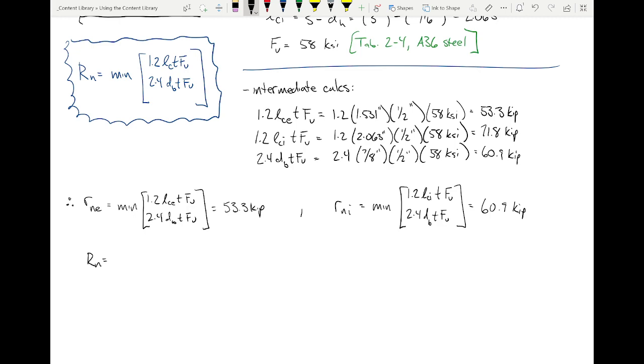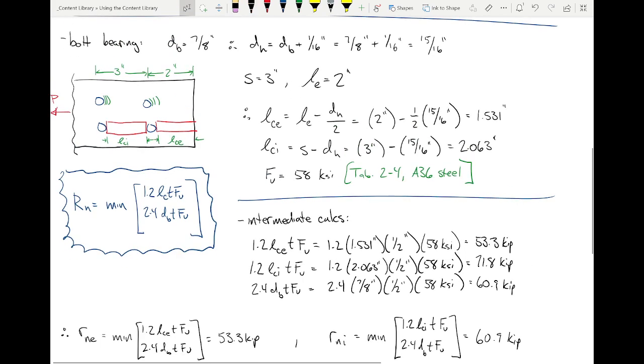Hold on. Here's our plate, our single plate. How many of these are edge bolts and how many of these are interior bolts? Now what you're saying is that for the other plate, those interior bolts serve as edge bolts. But we're looking at it one plate at a time. 2 are interior, 2 are edge. Does that make sense?